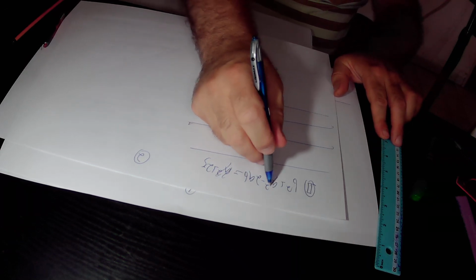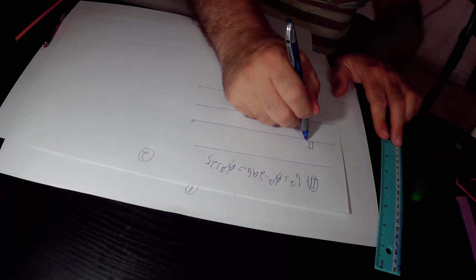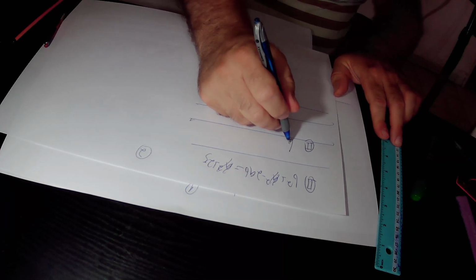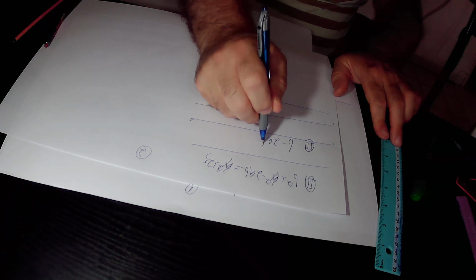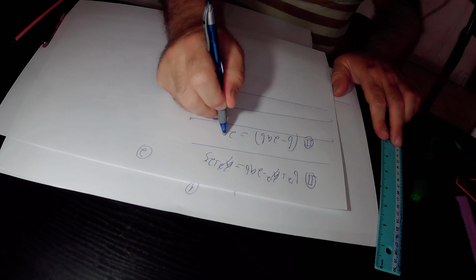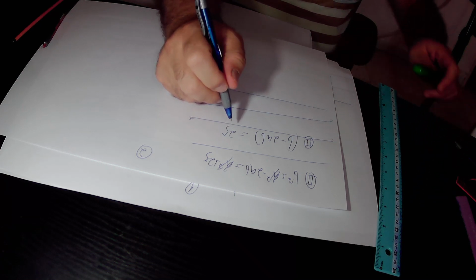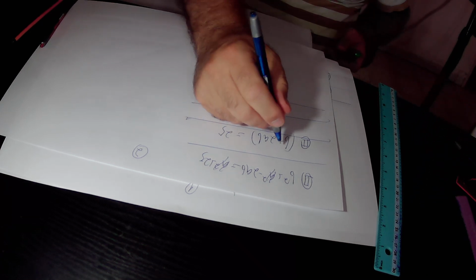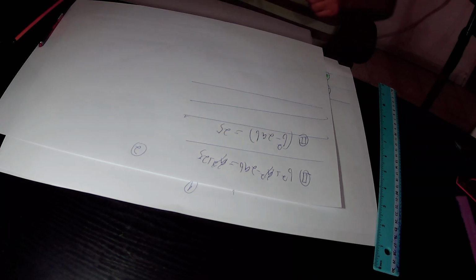After we cancel A squared, we are left only with B squared minus 2AB on this side, and on the other side we are left only with 25. So in total, according to equation 2, we found out that B squared minus 2AB equals 25.